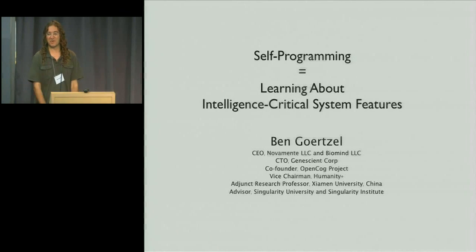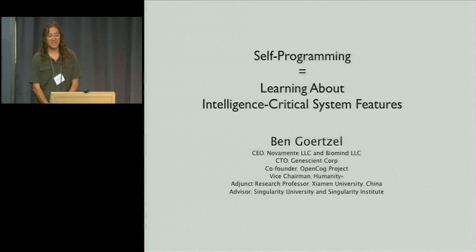You can learn about various things. Some things you learn about maybe kind of inessential to your intelligence, like a phone number, how to play tic-tac-toe or something. Some things you learn about, like, say, how to think about mathematics, or how to feel about your relation to other people. These things you may learn about are more critical to your intelligence and your approach to the world. And I view self-programming as learning about intelligence-critical system features.